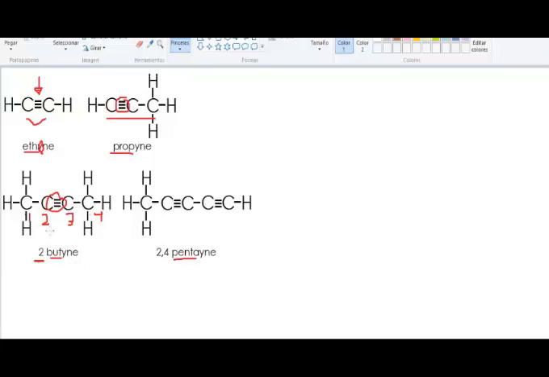It doesn't matter where we start because the triple bond is still in the middle. Because the triple bond is in the second carbon atom, we're going to name it 2-butyne. And the last one is a little bit different because we have 2 triple bonds and 5 carbon atoms. So it's going to be pent, and because of the 2 triple bonds, it's going to be -diyne.